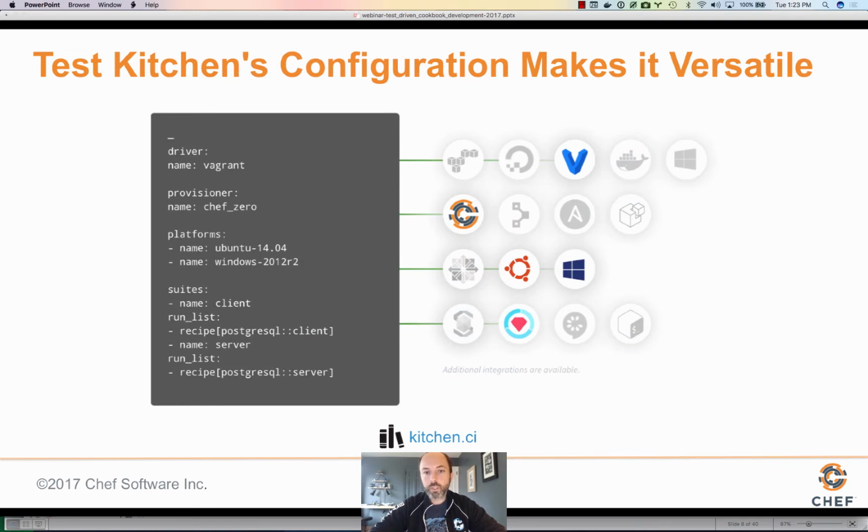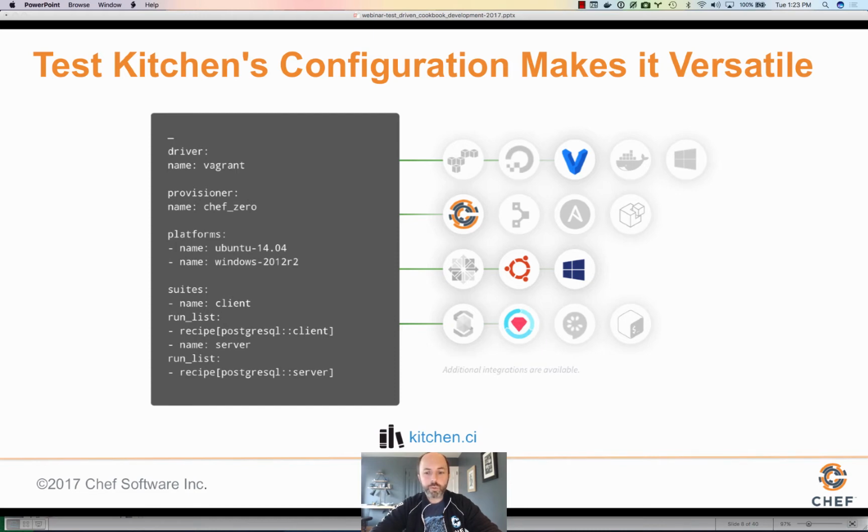So a kitchen configuration file is very versatile. While it works in the world of Chef, it also works for other configuration management platforms. It also, as you can see here, works on a number of platforms, and in this case, a number of different verifiers. So while InSpec is our current one by default, you can use ChefSpec or other frameworks to essentially test your code.